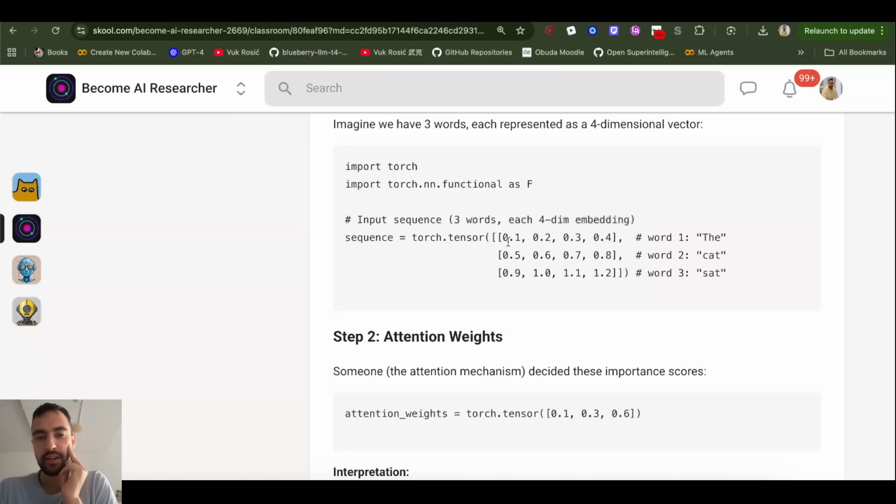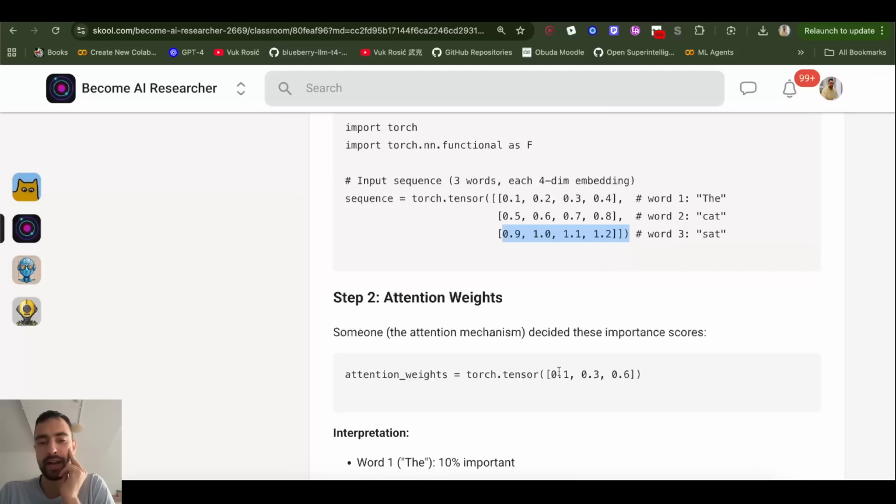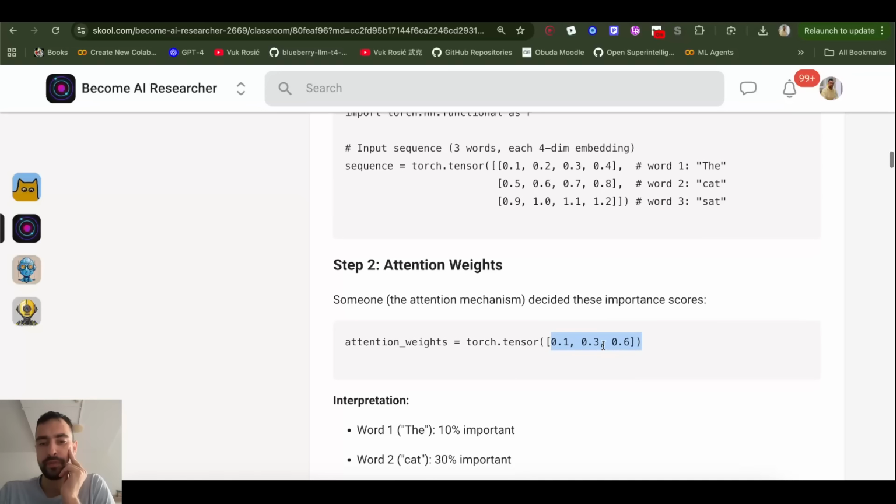Let's see this on an example. So these could be our values. This is a value vector for the cat set, and these are our weights. So it means that to generate the next word, this is 10% important, 30% important, and 60% important.